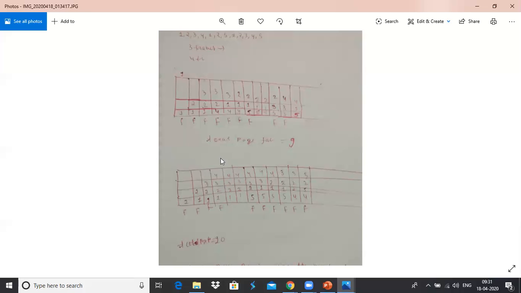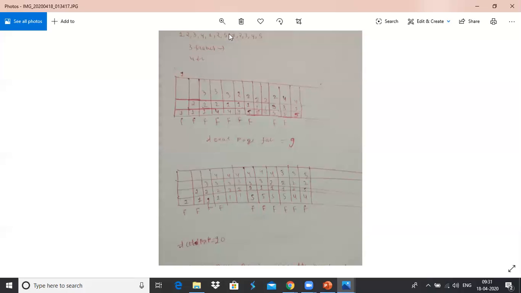Now the request for 1 occurs, but 1 already exists in the frames, so no page fault. Again 2 comes, already present, no page fault. Again 5 comes, so 1 will be replaced because 1 came first, so 1 page fault occurs.